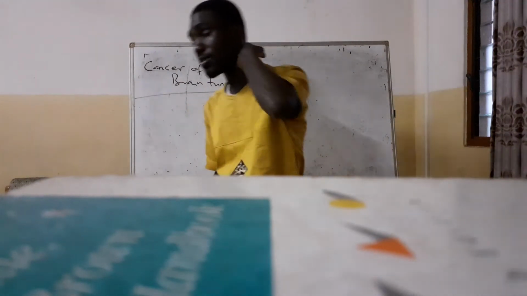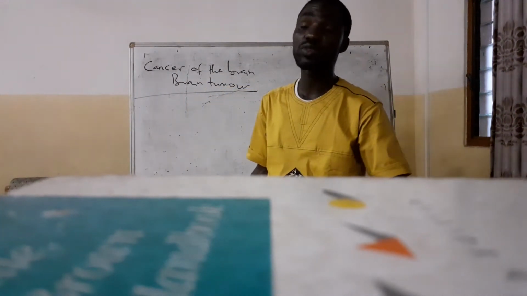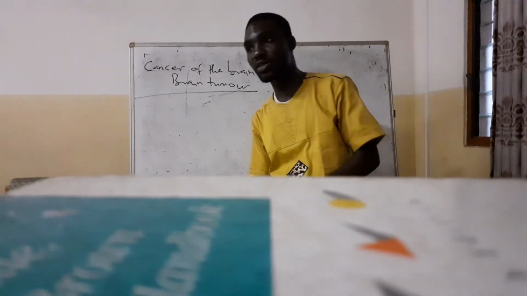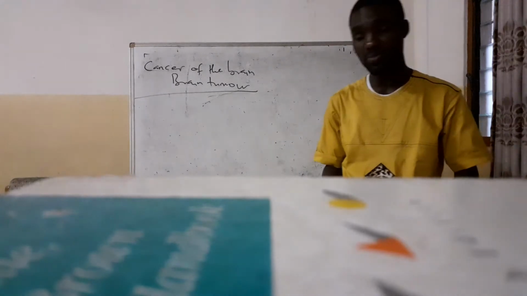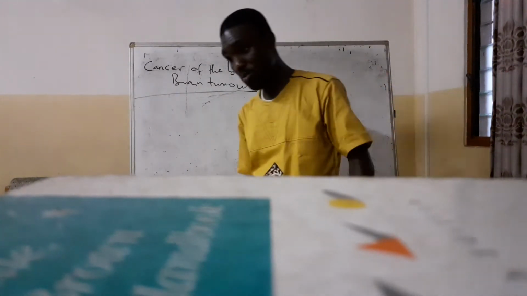Okay, so cancer of the brain. Since you started, we've been talking about cancer of other organs, so it's not different from cancer of the brain, right? Cancer is an abnormal proliferation.